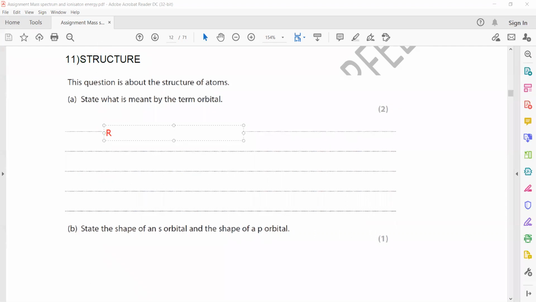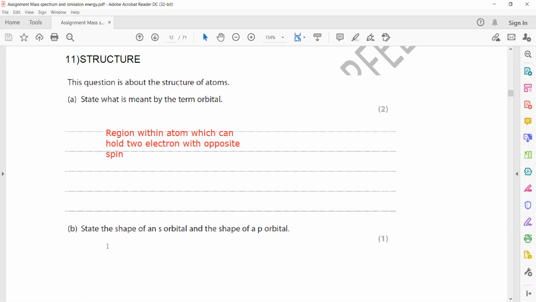It's a region in an atom which can hold two electrons with opposite spin. A region where there is 95% chance of finding an electron, that's also correct.